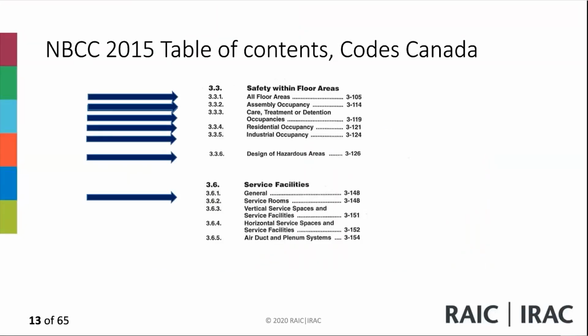Again, the way we approach this, we take a look at the building code, and we go first to the table of contents. We look at the safety within floor areas after we have determined all the requirements of the construction classifications of the building. So we know that there is 3.3.1, which covers all floor areas. So there are generic provisions for all floor areas. What are those requirements?